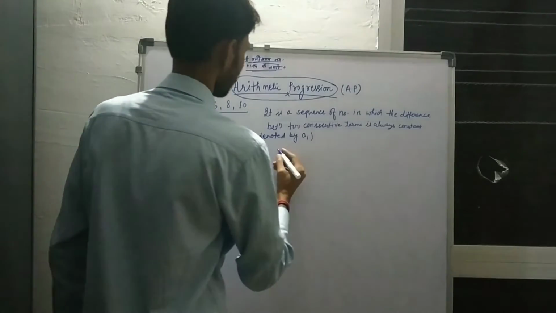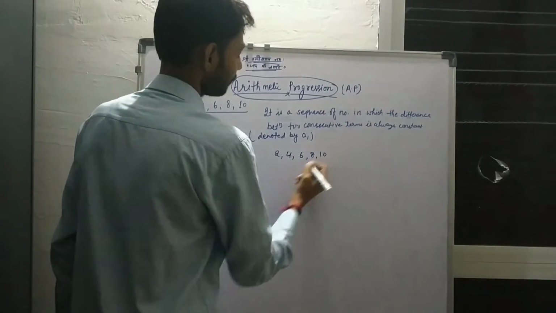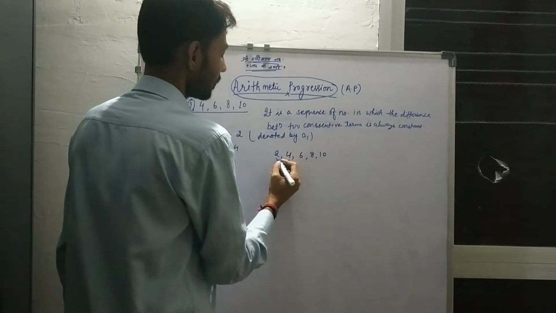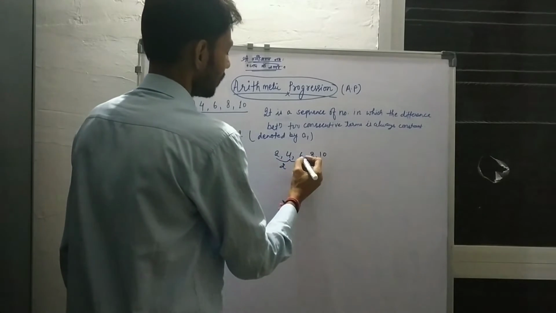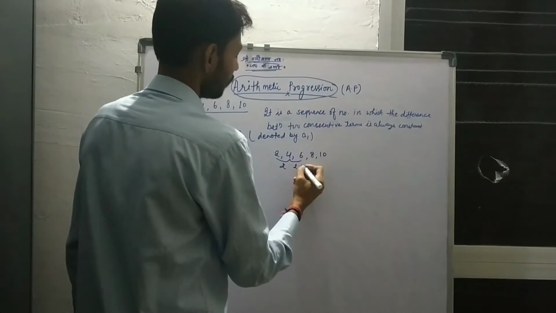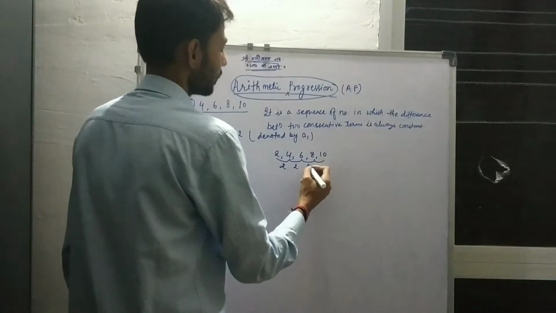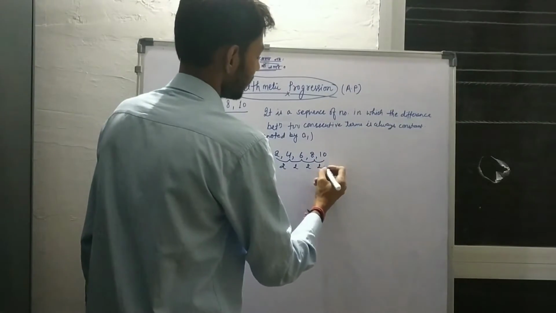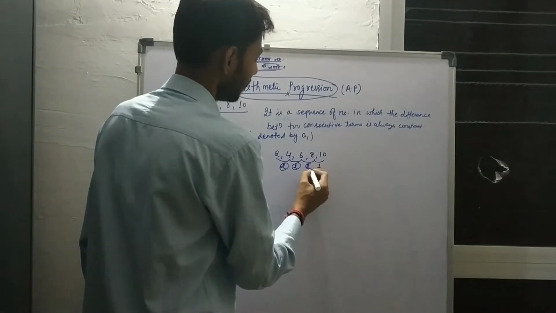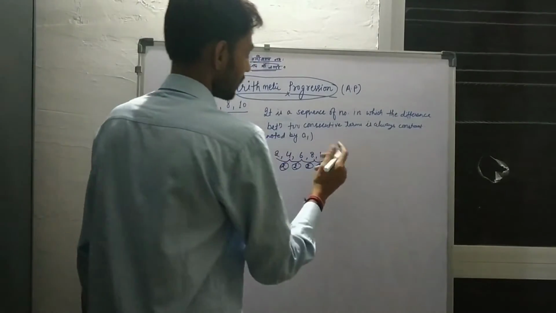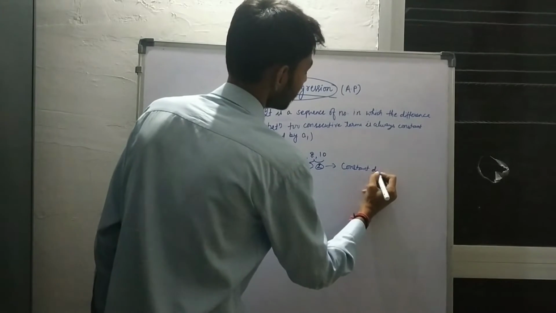In this sequence of even numbers 2, 4, 6, 8 and 10, if we find the difference between these terms, 4 minus 2 is 2, 6 minus 4 is 2, 8 minus 6 is 2, and 10 minus 8 is 2.